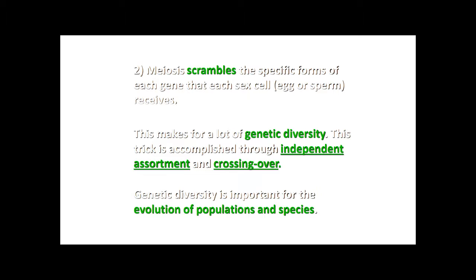So this is why even though you may inherit 2 genes on the same chromosome from one parent, your offspring may not necessarily have both those genes on the same chromosome. They may have a different allele. Okay, does that make sense? Hopefully it will make more sense in a bit when we talk more.